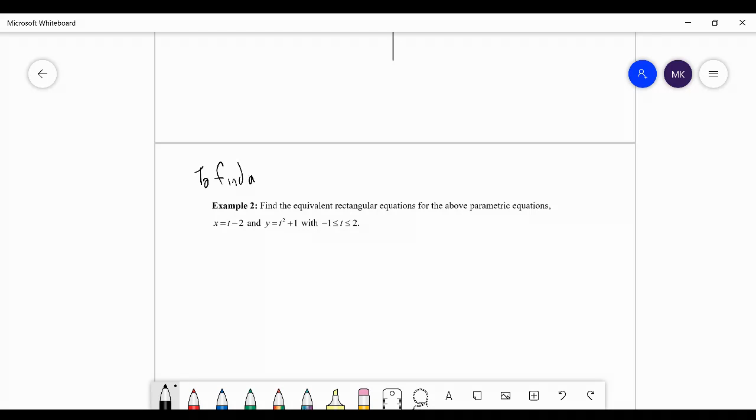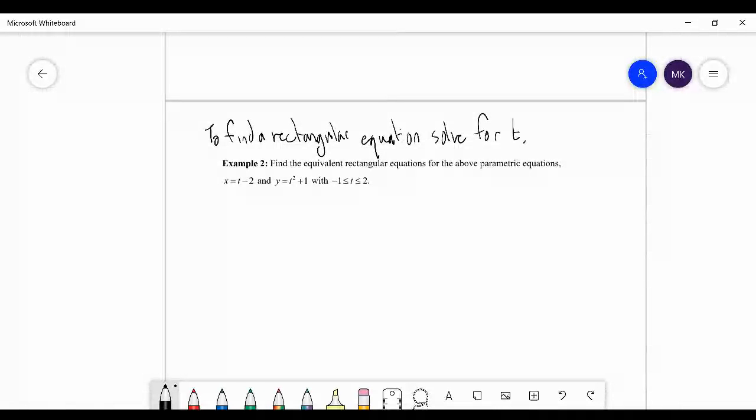To find a rectangular equation, solve for t. Not in both, but in one. And so we want to see which one's simpler to do, and that's obviously in this problem the x.